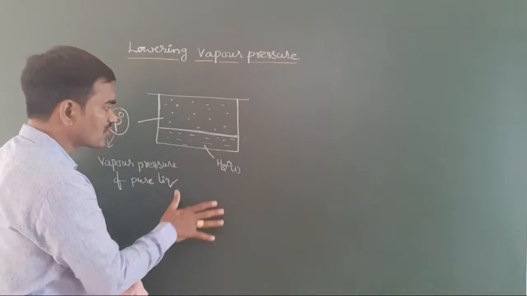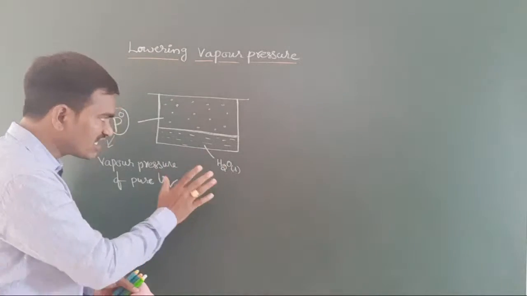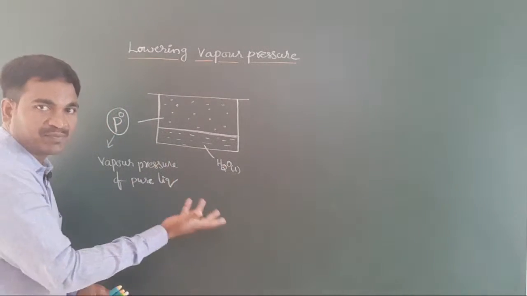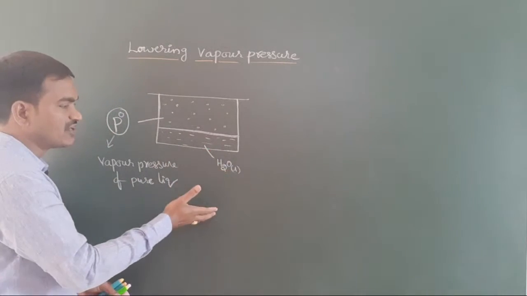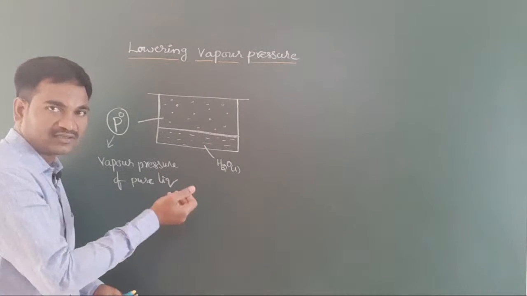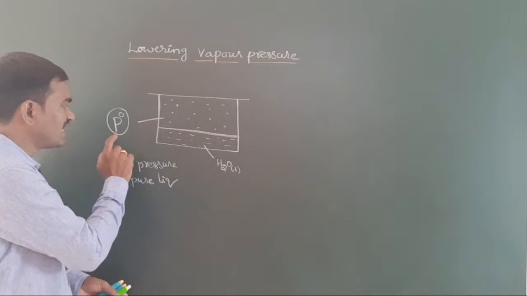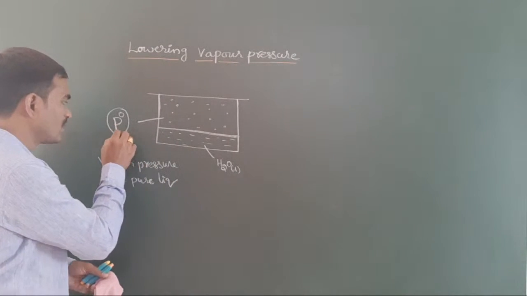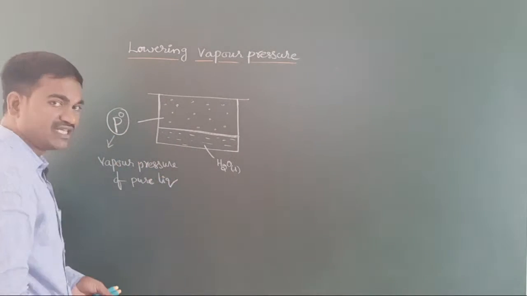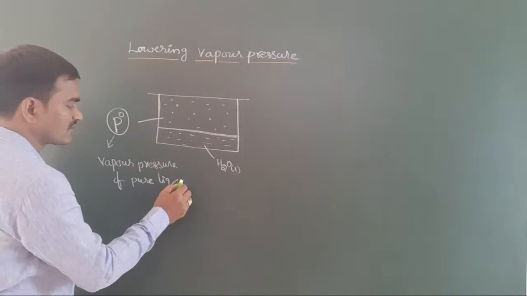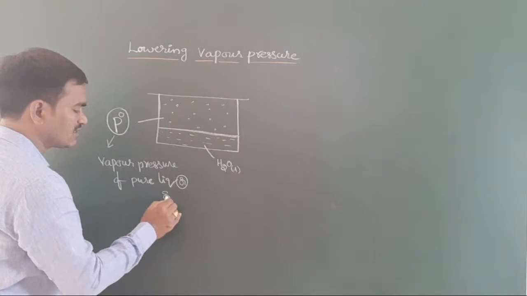It is just one liquid I have taken. We did not prepare any solution. In that liquid I have taken water, so water will have a vapor pressure, and that vapor pressure we have taken as P naught, the vapor pressure of the pure liquid or solvent.